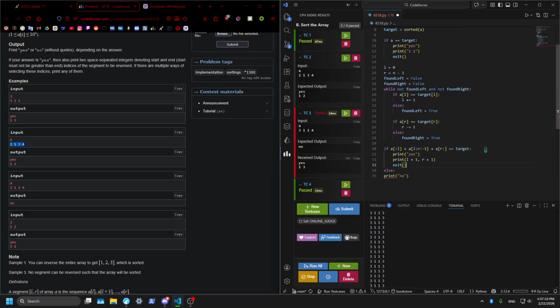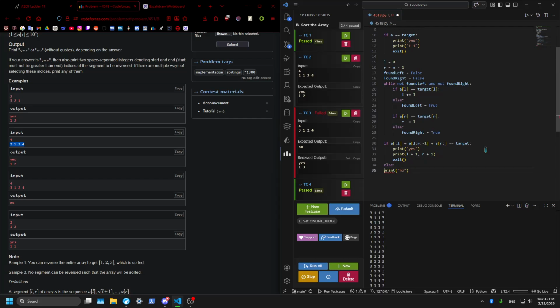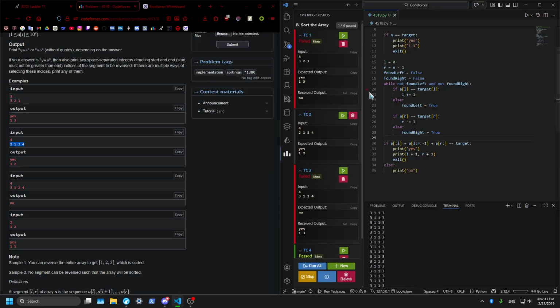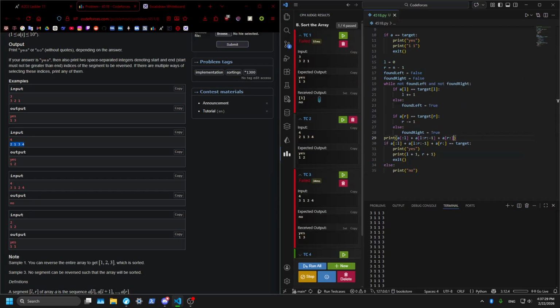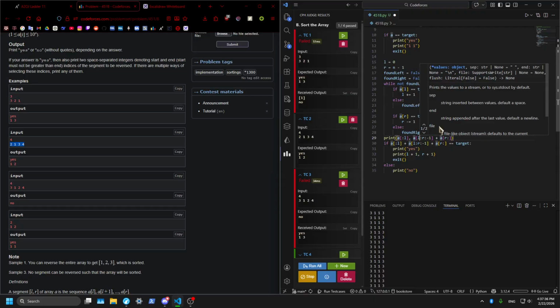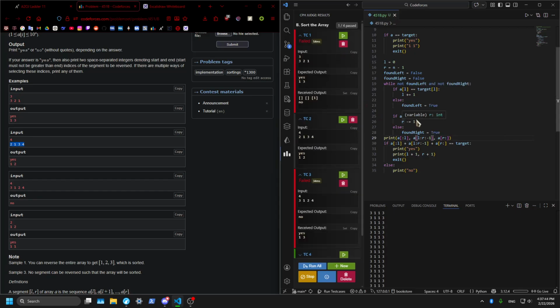So here, space here. I don't know if this is printing the right thing. Let me just check this real quick. That's not right. From A, L, zero.